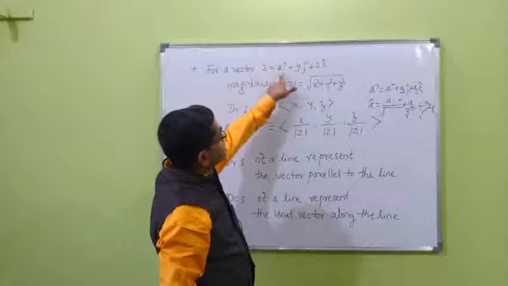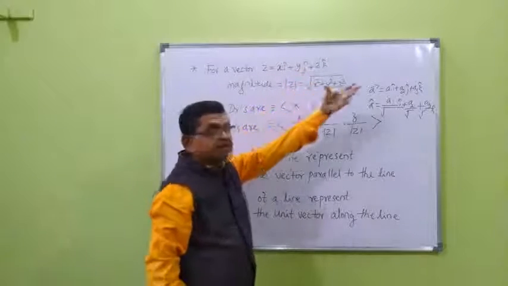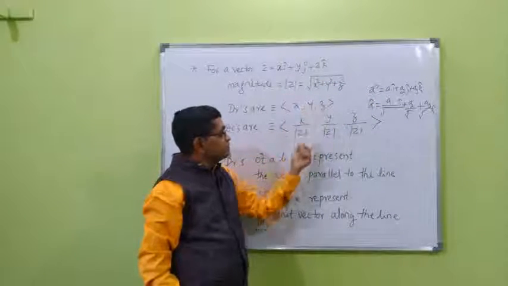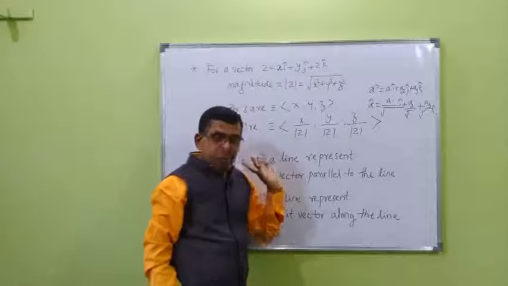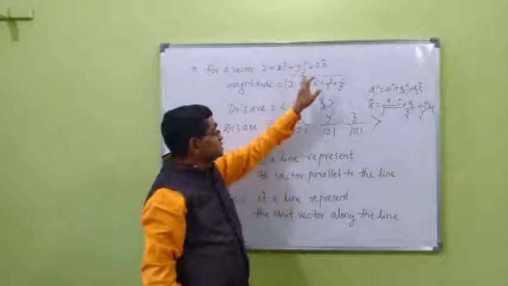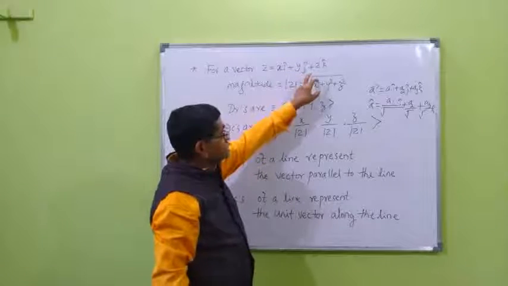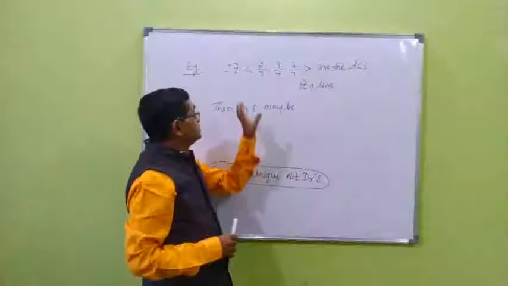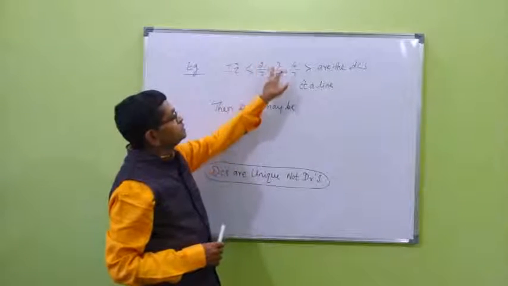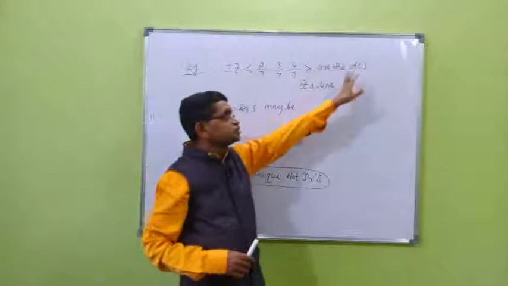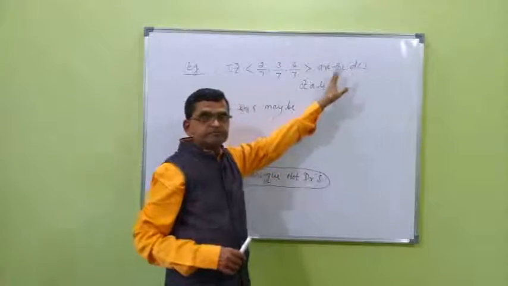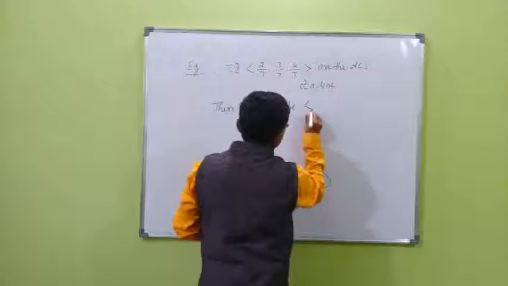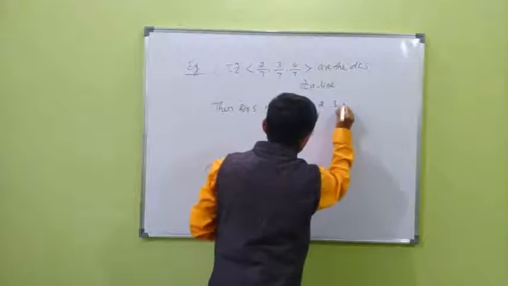See, direction ratios may be any numbers. They need not always be the same. But direction cosines are always the same, because direction ratios are any numbers which satisfy L by x is equal to M by y is equal to N by z. For example, if 2 by 7, 3 by 7 and 4 by 7 are the direction cosines of a line, then what are the direction ratios? 2, 3, 4.